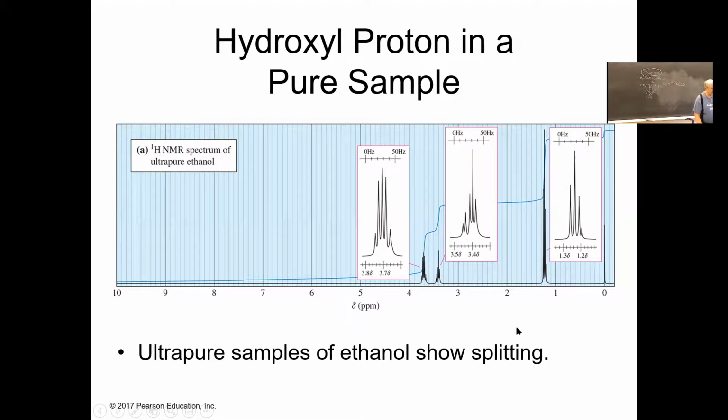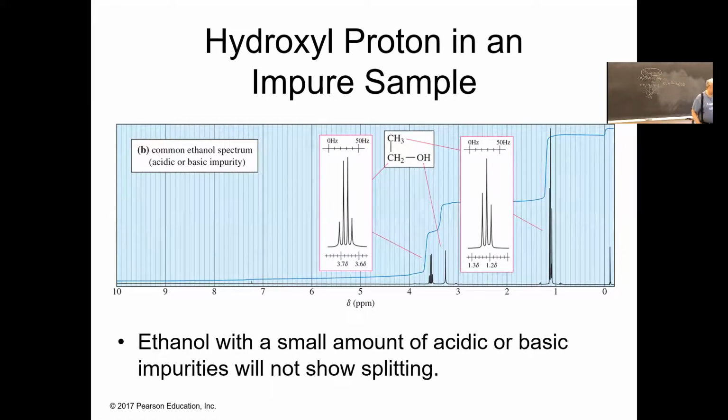And so we do see splitting from the H and on the H. But if we have a solvent, if we have any impurities, then the hydroxyl proton will just show up as a singlet, and the CH2, CH3 will show up as a triplet quartet. And this is almost always what we're going to see with something like ethanol. We very rarely would see splitting on the H or by the H.